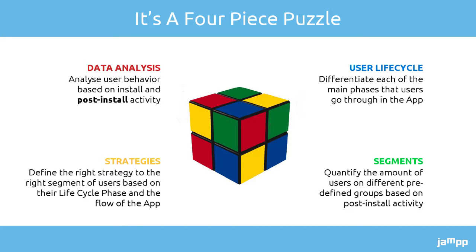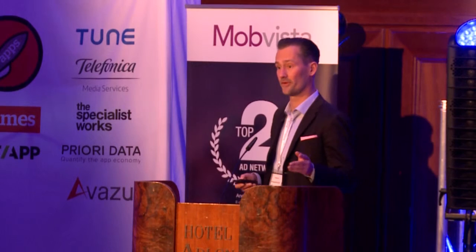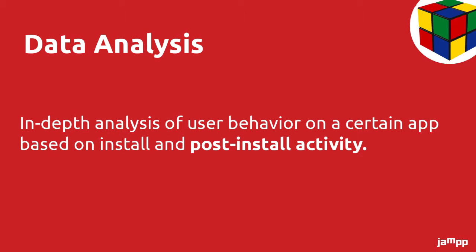You're going to look at that lifecycle to understand and define very specific segments that you're then going to speak to individually. And you're going to have to define and execute a strategy that's going to help you to approach each of these segments with individual messages at the right time. So let's look at the first step, which is data analysis.